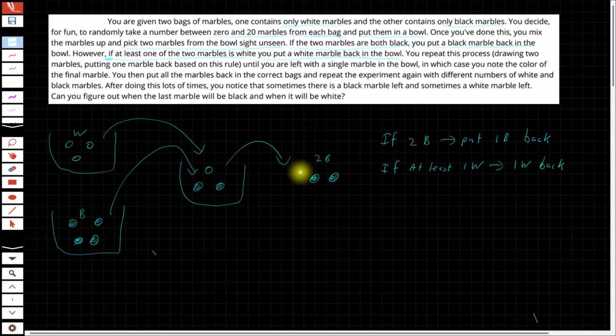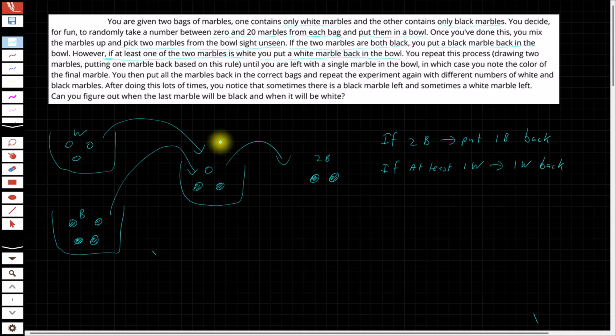So in this case we pulled out 2 black out of the bag here. So we have to go with this rule. If two are black, we put one black back. We can only put that black anyway, so we put one of those back and we leave one out, which reduces the pool here to a white and a black.